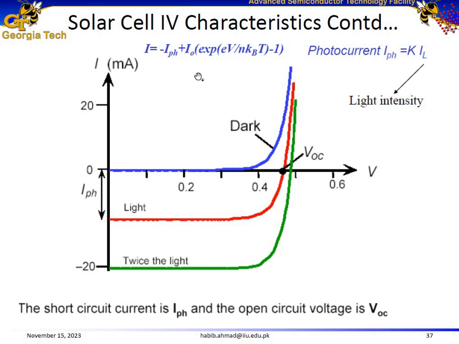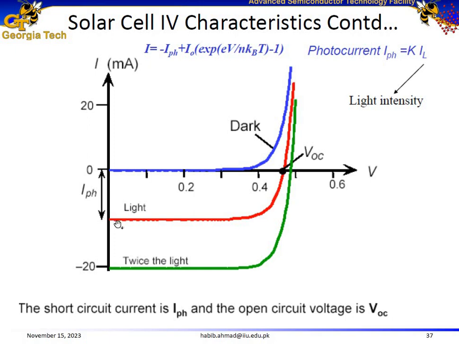Let us talk about the solar cell IV characteristics. Under dark conditions, under no light, we have this IV characteristic. What happens under light? Under light, this current increases because we also have the photocurrent now. So under short circuit condition, this point would give us the short circuit current, the maximum current that flows through the configuration under short circuit.